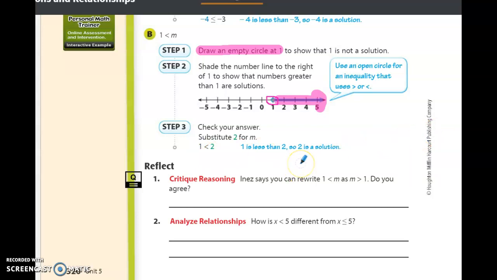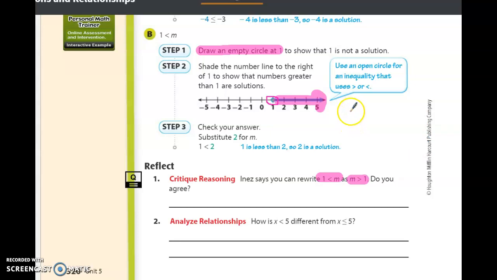Now we're down to the reflect at the bottom of the page, critique reasoning. Inez says that you can write 1 is less than m as m is greater than 1. Do you agree? Well, if you think back to number 14 from Mountain Math, where we had to graph two numbers and tell the distance between them, and then you had to write the statement, and I always said, write it both ways, then you already know that you can do what Inez says. This 1 is less than m is equal to that, and we can prove it by looking at B, what they did.